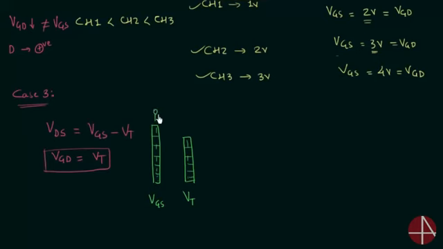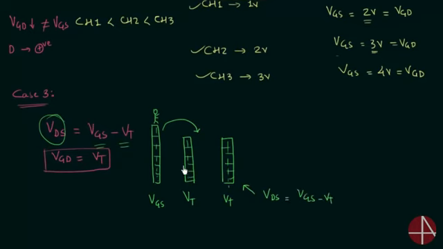You are using this wall to climb VT, but when VDS is equal to VGS minus VT, in that scenario, when you climb this wall, when you climb VT, you will again find the same wall VT, and this is due to VDS equal to VGS minus VT.